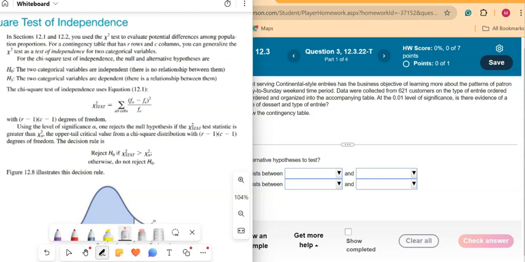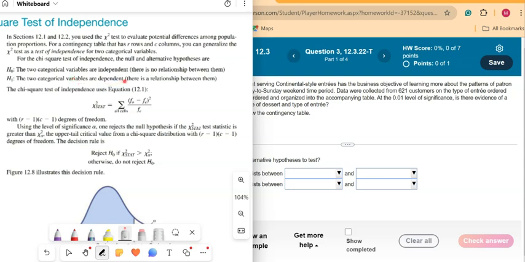So H0 for your case is right here: the two categories are independent, so there is no relationship. For H1, which is the alternative hypothesis, the two categories will be dependent.